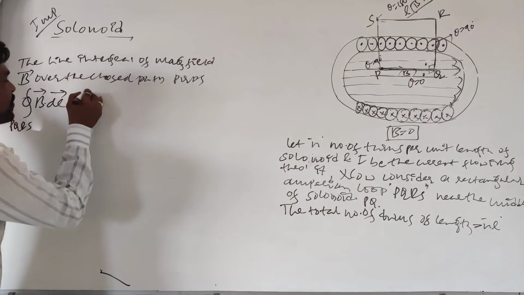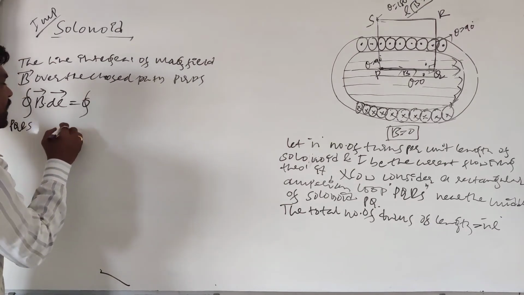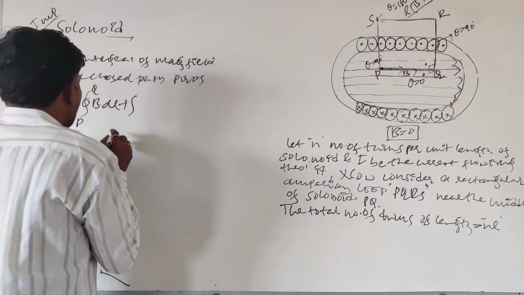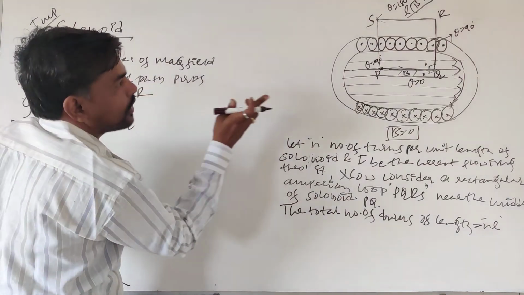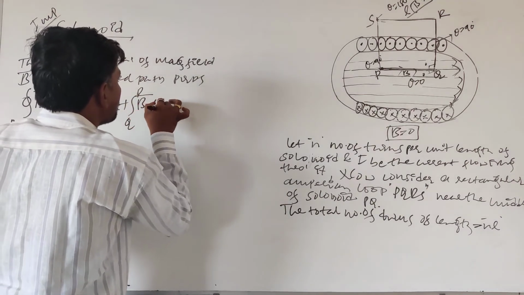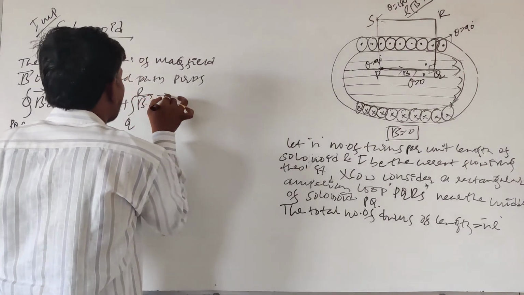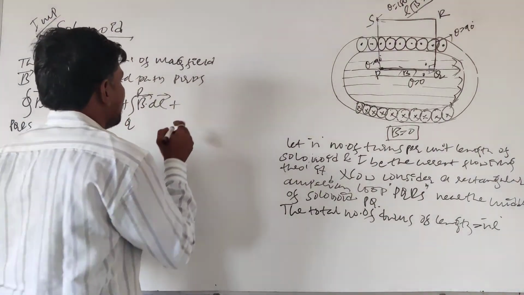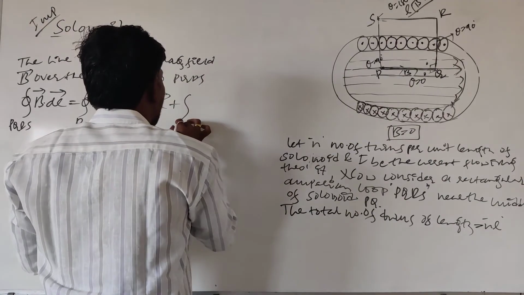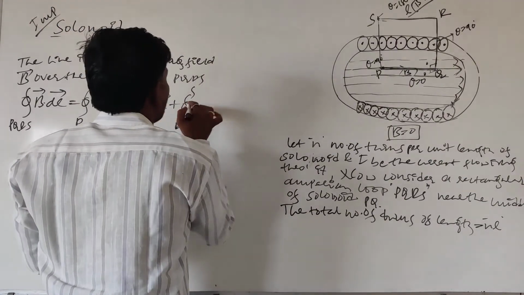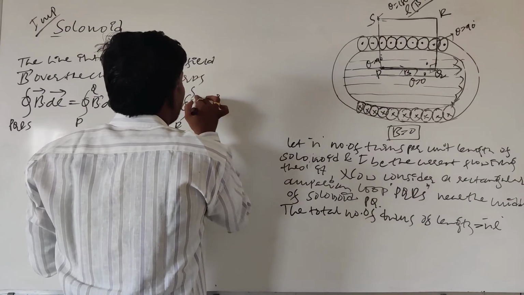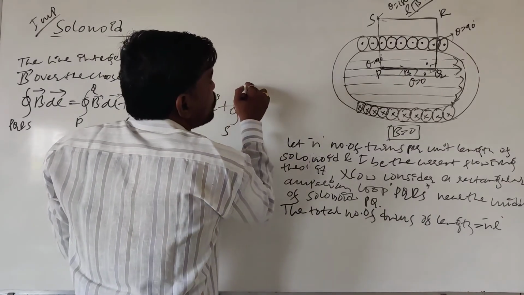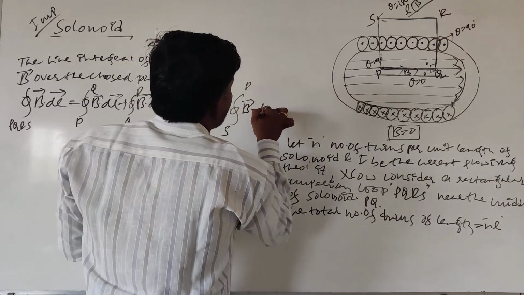I am going to take the Amperian loop in parts: P to Q B dot dl plus Q to R B dot dl plus R to S B dot dl plus S to P B dot dl. When we add everything we get the total for PQRS.